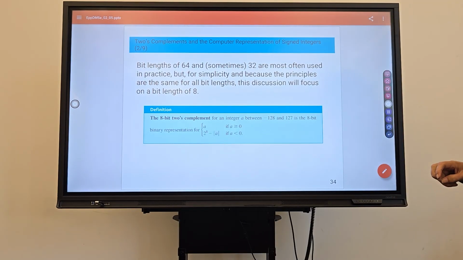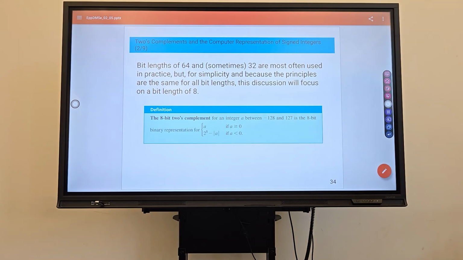64 bits and sometimes 32 bits are most often used in practice, but for simplicity and because the principles are the same, we'll discuss it in the bit length of 8.